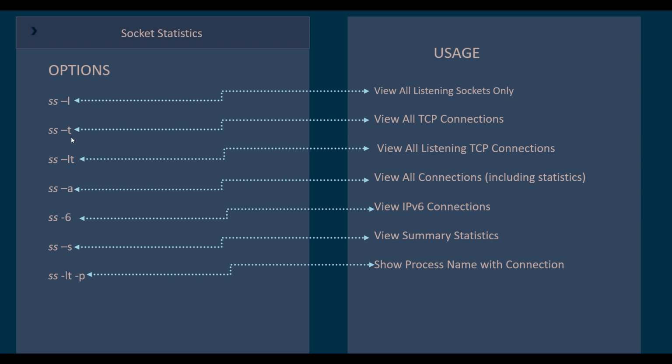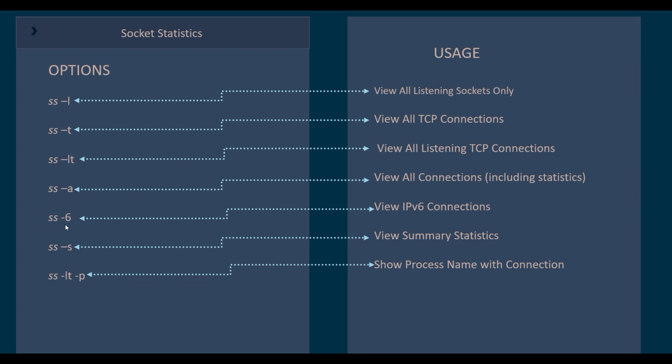If I provide the option T, it shows all TCP connections. As you know, we can combine options. If I provide the LT option, that is listening TCP connections. If I provide A, it will show all connections, including the statistics.